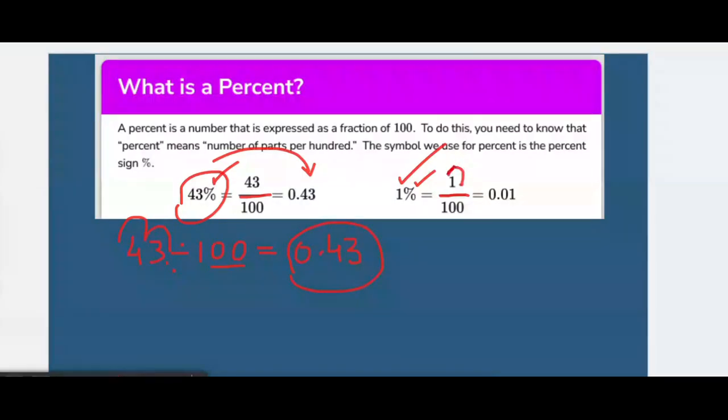How many places? One and two places, because 1 is going to be divided by 100. If it is divided by 10, we can write a decimal here, but we don't have a zero, so write 10 by yourself and then write a decimal over here. So our answer will be 0.01.